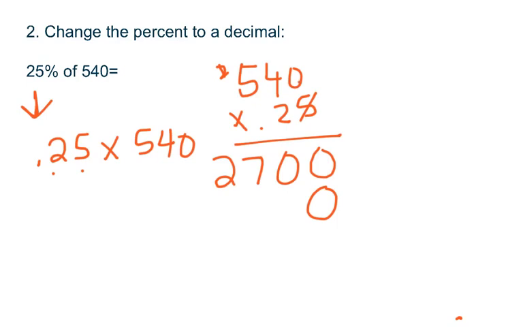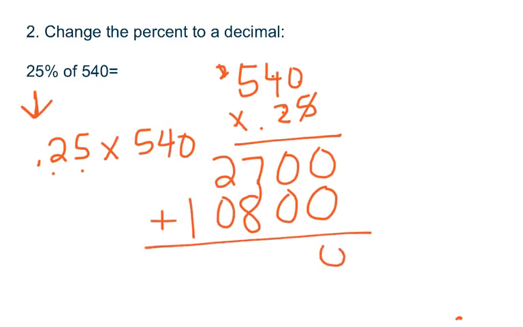2 times 0 is 0. 2 times 4 is 8. 2 times 5 is 10. Now I have to add these. 0 plus 0 is 0, 0 plus 0, 8 plus 7 is 15. 1 plus 2 is 3. And here is 0 plus 1. Now don't forget, before you go ahead and say, oh, this is the answer, this is a decimal.